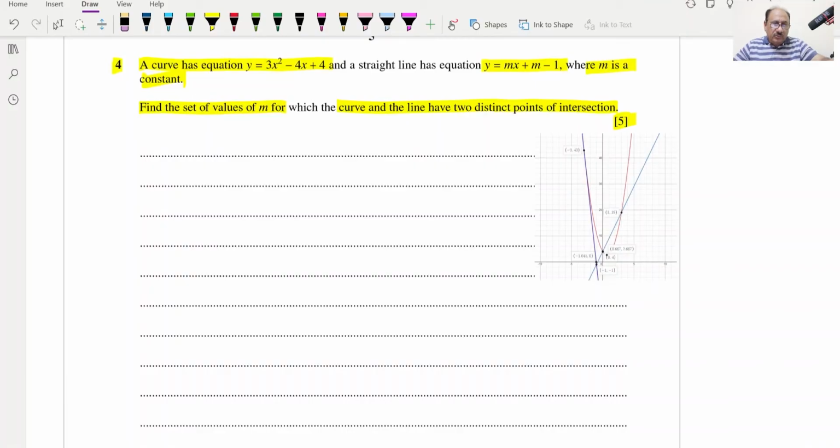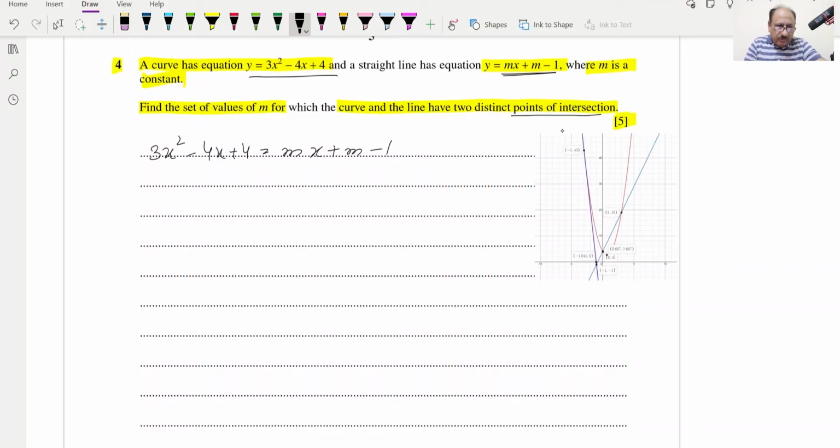So what we can do is write the given equations. For points of intersection, we equate the equations. So we equate this equation and this equation: 3x² − 4x + 4 = mx + m − 1, and we will form a quadratic equation.